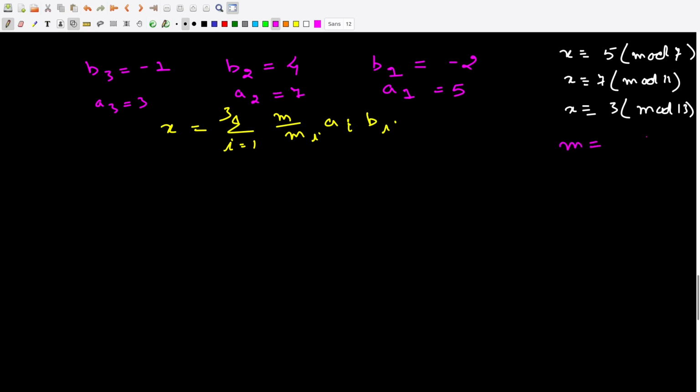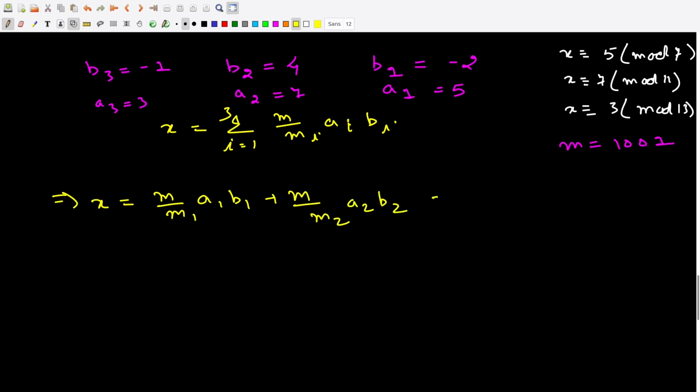Now we know all the values, and we already know that m equals 1001. So let us plug this in. We can write x equals m upon m1 times a1 b1, plus m upon m2 times a2 b2, plus m upon m3 times a3 b3.